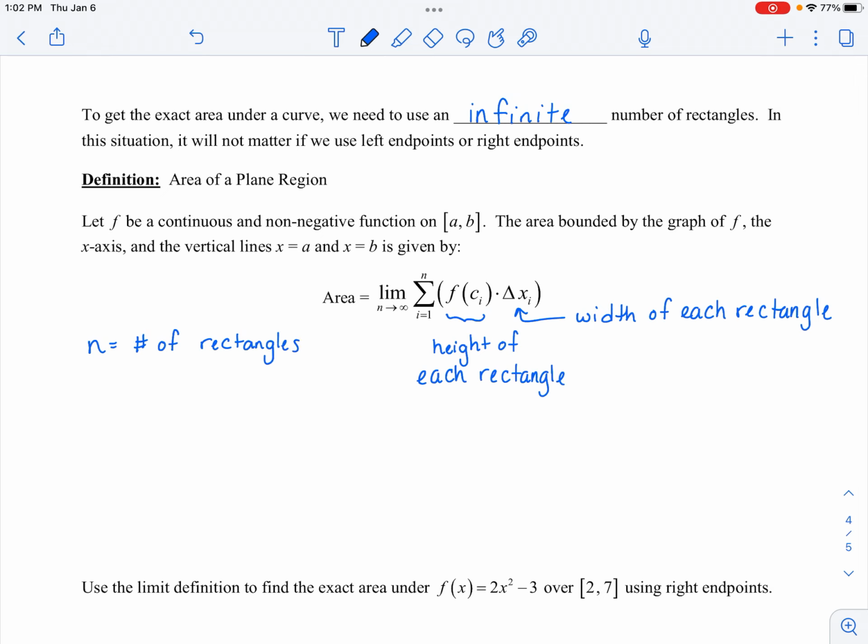Okay, now the problems that we've been dealing with, we've had the delta x be a consistent width for each rectangle, so we can actually modify this.